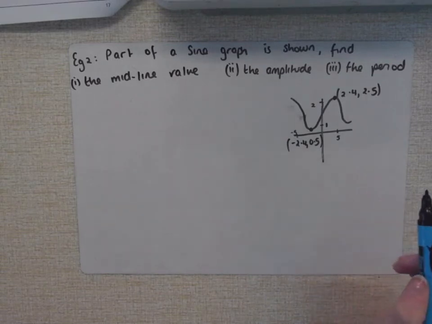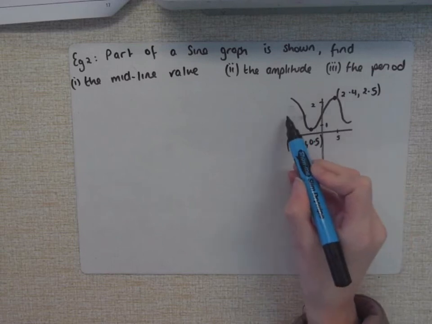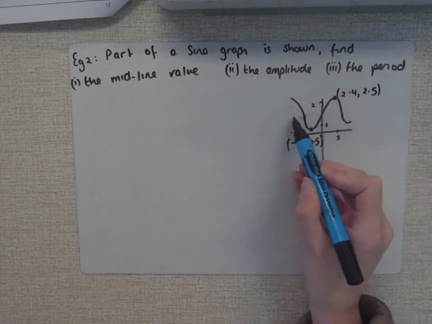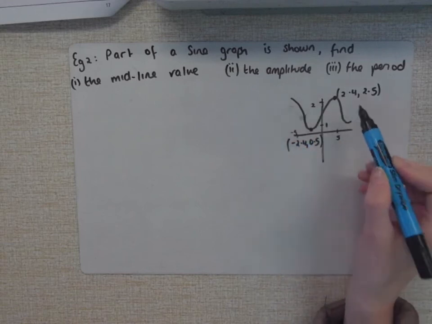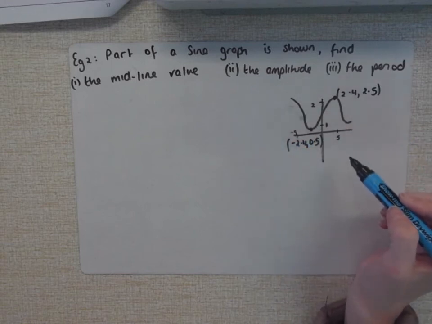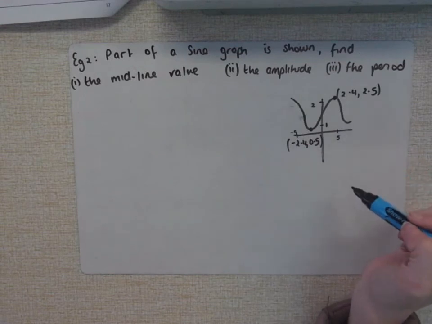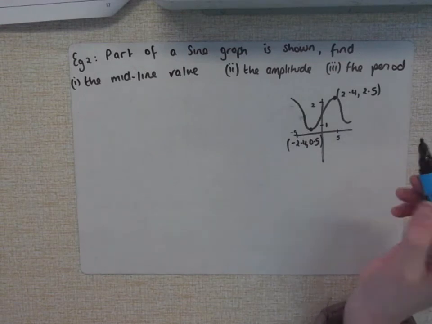Okay, so the midline value is that line in the middle, okay? And it's halfway between the highest and the lowest points. So you're going to add the highest and the lowest and you're going to divide it by 2. Is that alright? That's how you get your midline.